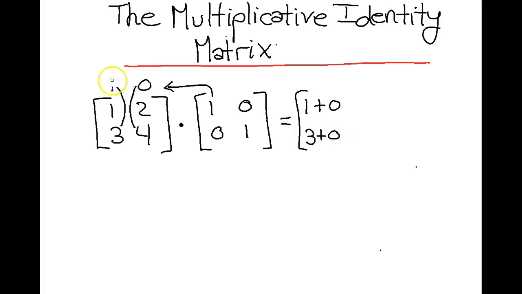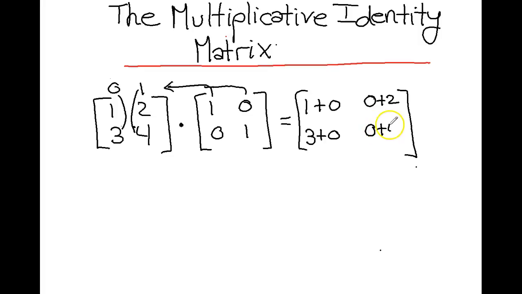The next thing I do is pull out my second column, since I have no more rows to multiply. I'm going to pull that column out and lay it on top, 0, 1. I'm going to multiply these and these. Now I'm using row 1, column 2, so when I multiply, I'm writing it in row 1, column 2. I get a 0 plus 2. And then I'm going to multiply the bottom row by these numbers. I get a 0 plus 4.